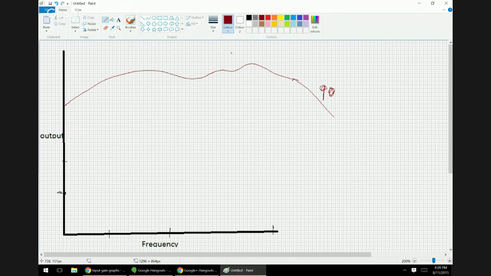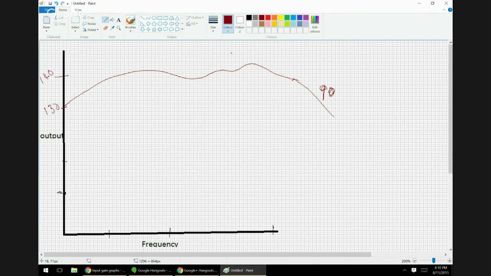Each line here denotes an input. Let's put the numbers in here. Let's say that's 130 or something, and that's 140. This is a very powerful hearing aid, obviously.